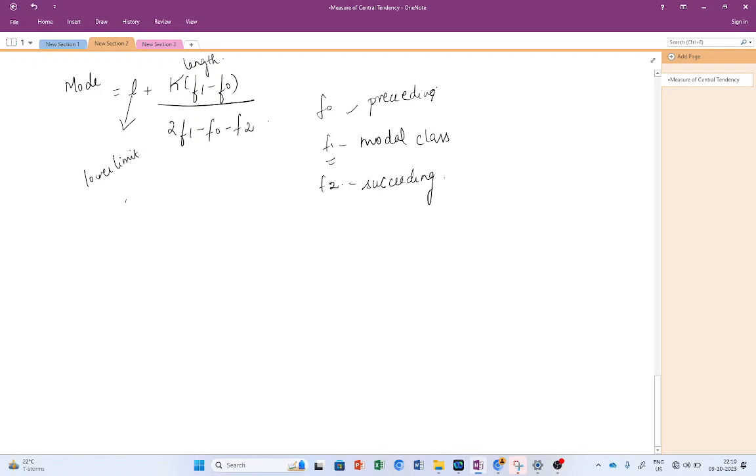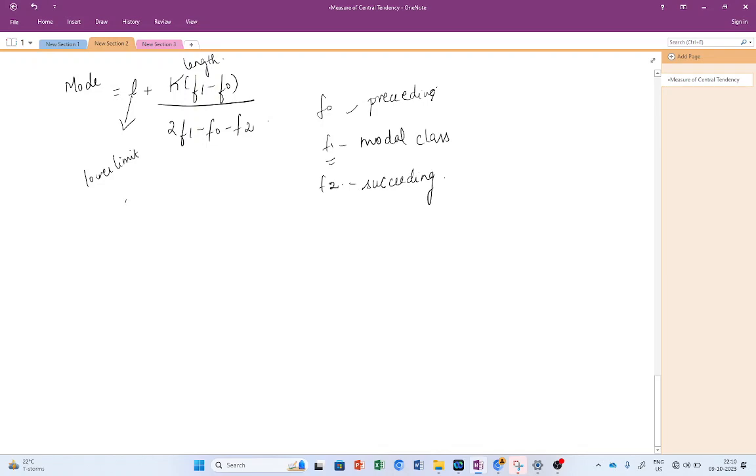Okay, so with all this data, you can find the mean, median and mode for the given problem. So I'll do a problem for you. With this problem, it will be easy for you to understand the continuous type.